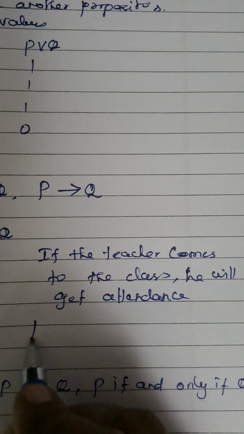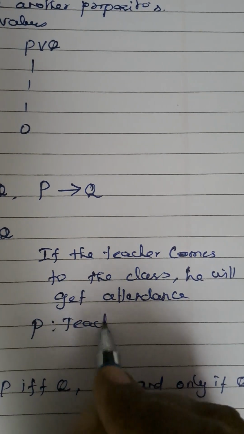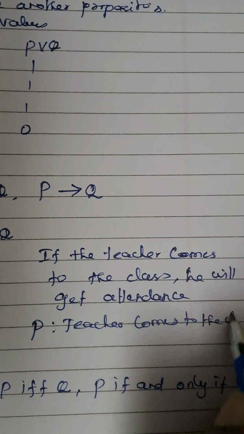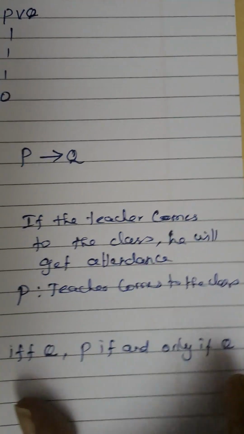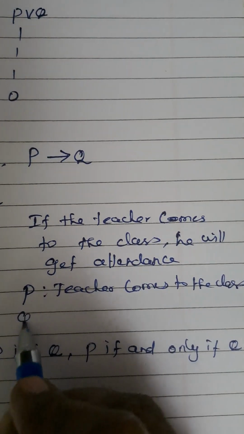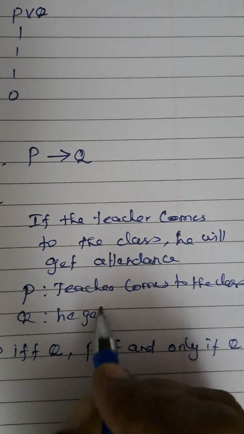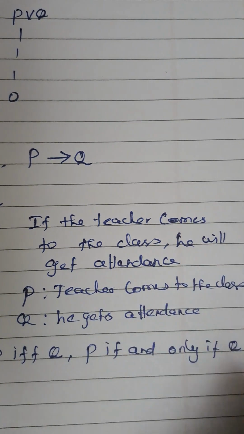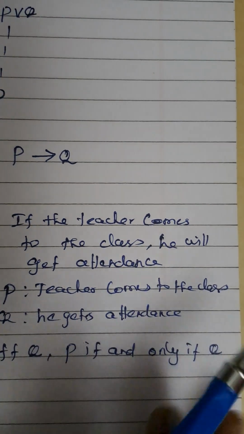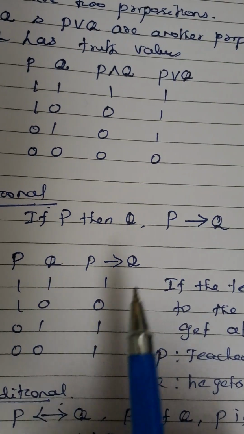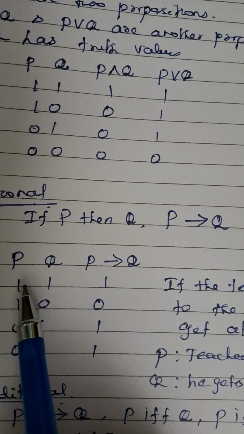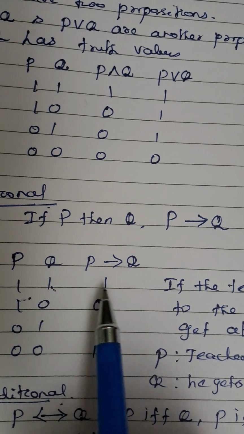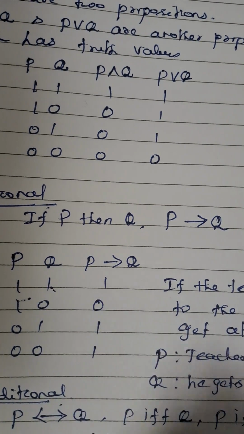So how do we set P? P is the teacher comes to the class. And Q, he gets attendance. So the first statement is P implies Q, that is, if the teacher comes to the class, he gets attendance, so it is true according to the statement.